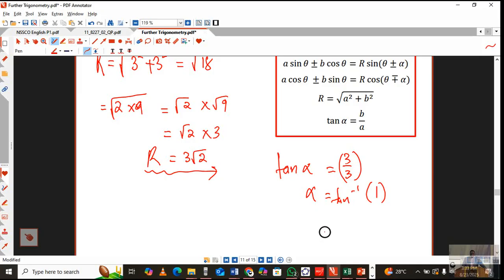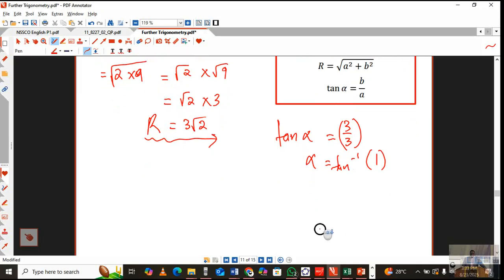Now, I do expect you at this level, from your special triangles, to remember that if you have a special triangle like so, this is 90 degrees over here, or half pi radians, and this value is 1, that value is 1, and that is root 2 from Pythagoras.